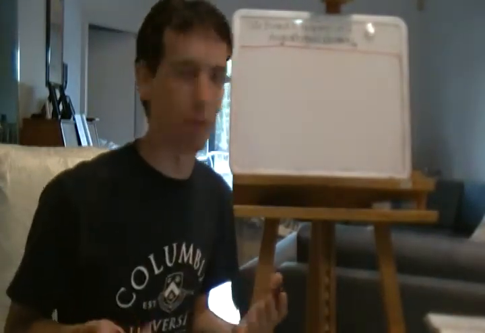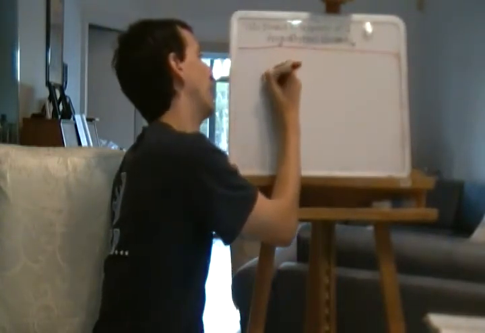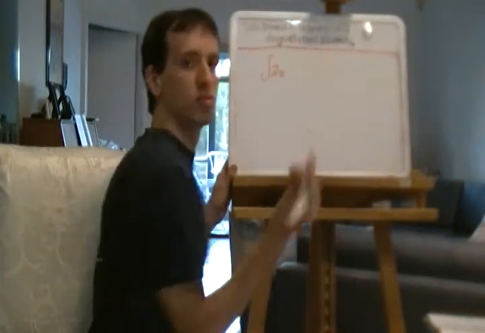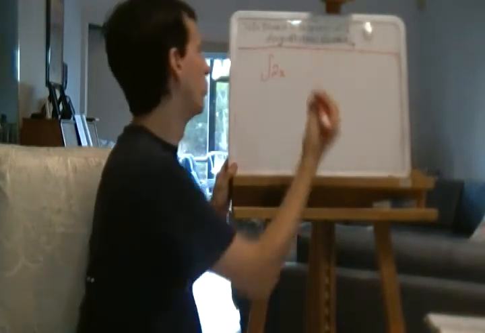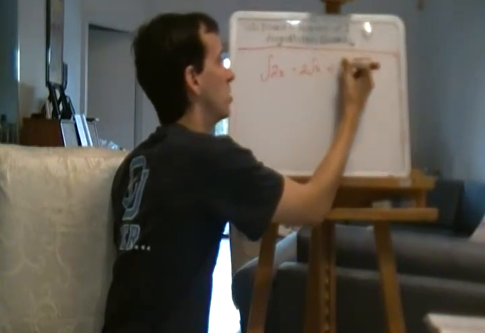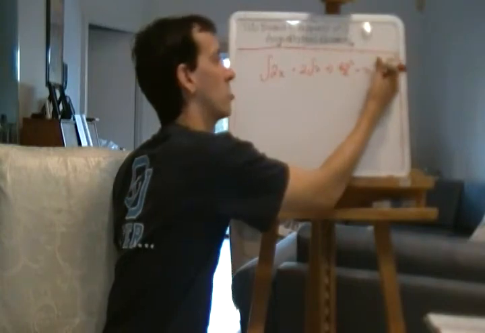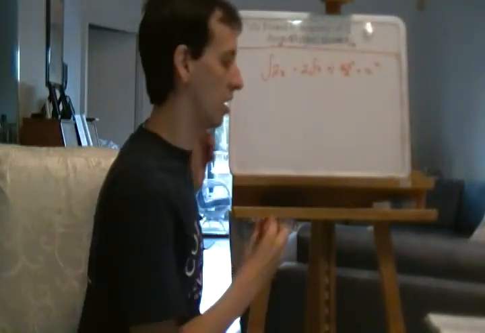Now, because of the fundamental theorem of calculus, it's very easy for us to solve integrals like the integral of 2x, for instance. Well, the integral of 2x is just going to be 2 times the integral of x, which is 2x squared over 2, which is x squared. That's really easy.